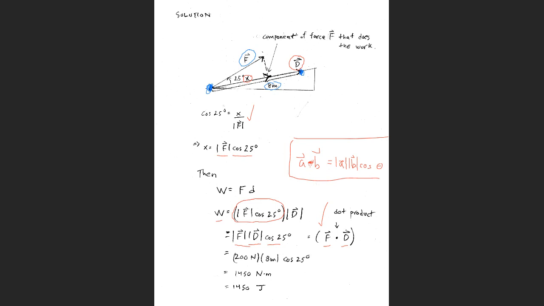And when you work that out, you're going to get 1,450 Newton meters, which is 1,450 joules. That is the work that was done. Okay, are there any questions on that?